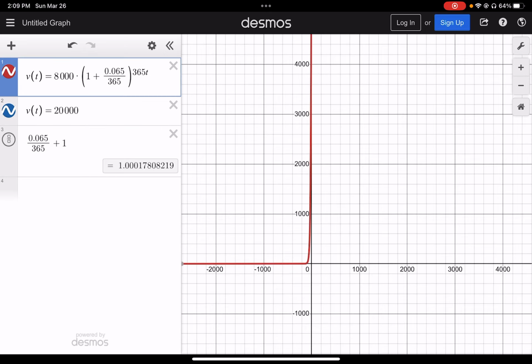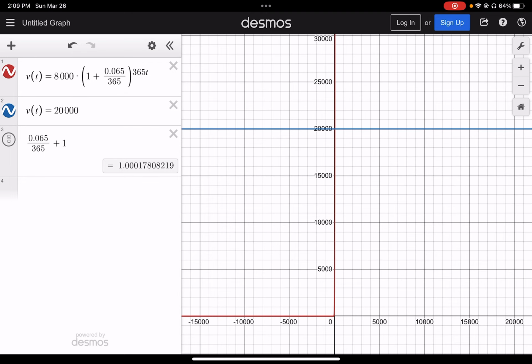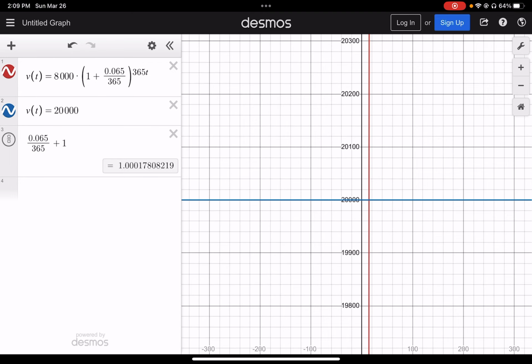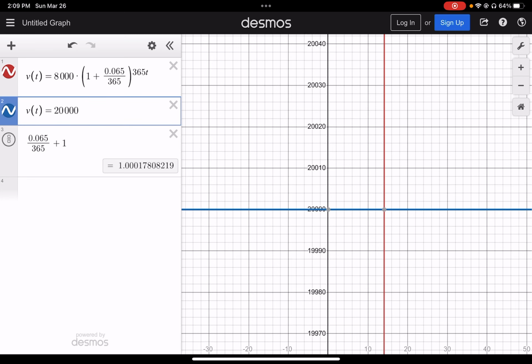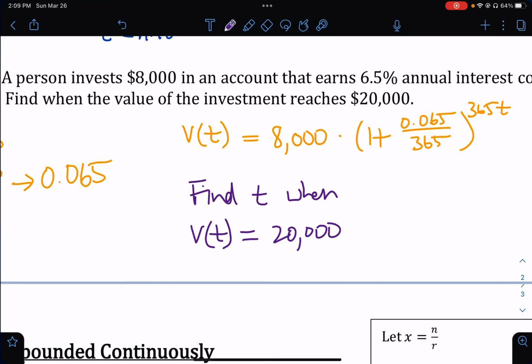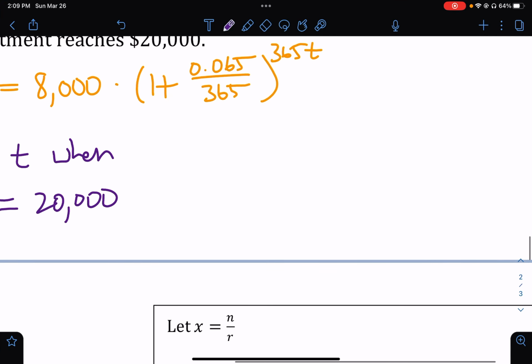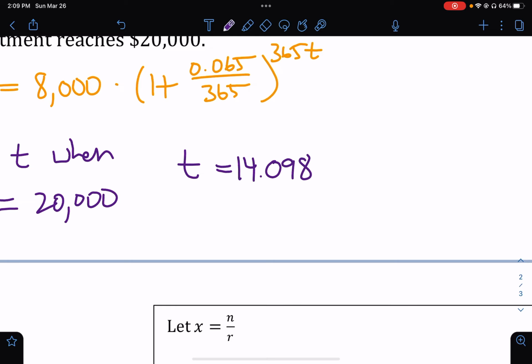Got to go find our line. Zoom out, zoom out, zoom out. There's our line. Zoom in, zoom in, zoom in. Find where those two intersect, and we get 14.098 is our answer there. So t equals 14.098.